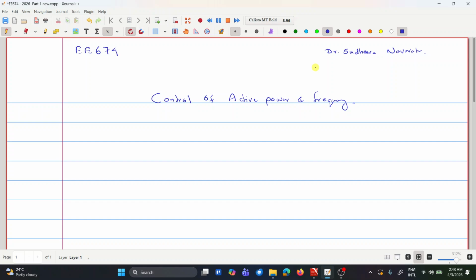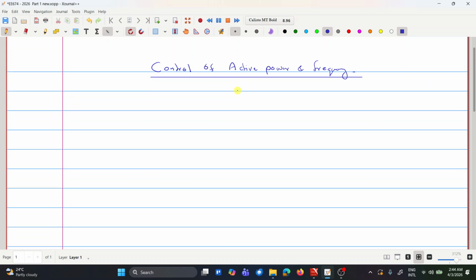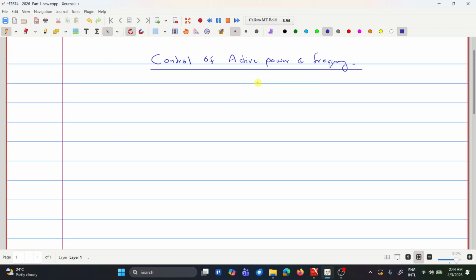From your previous studies, you know that there is a sort of direct relationship between the active power and the frequency, right? As the demand varies, the power system frequency will also vary.